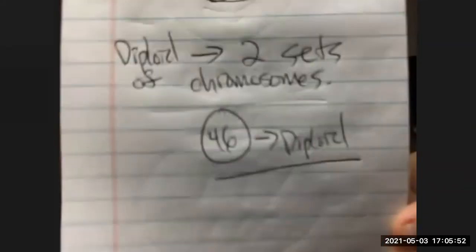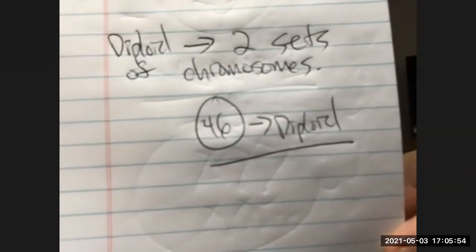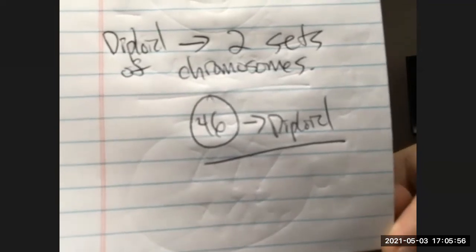So if I told you that a somatic, well, we'll do it with humans first. A somatic human cell, so all of my brain cells, skin cells, intestinal cells, they have 46 chromosomes. They are diploid. 46 chromosomes in the nucleus. So they have all the genetic information.